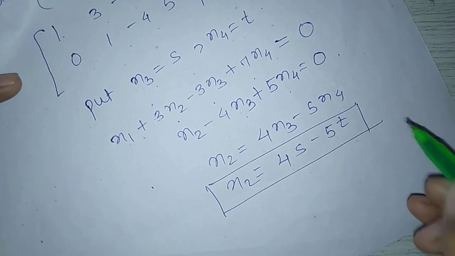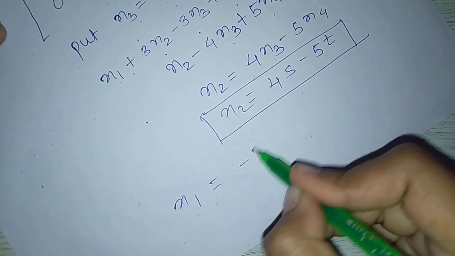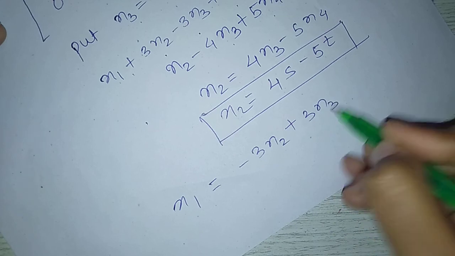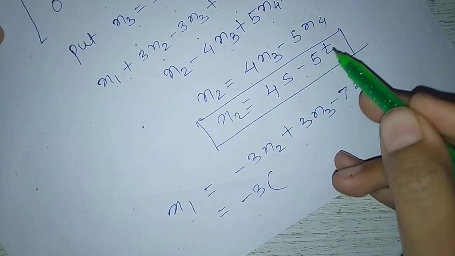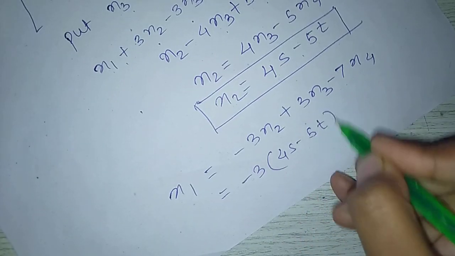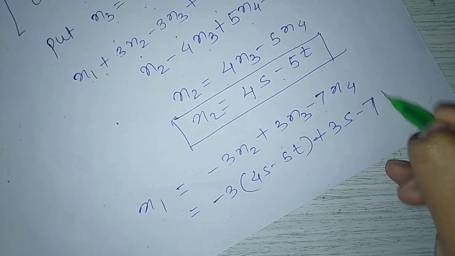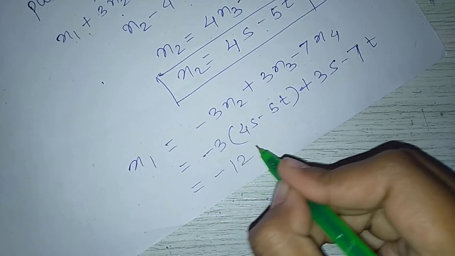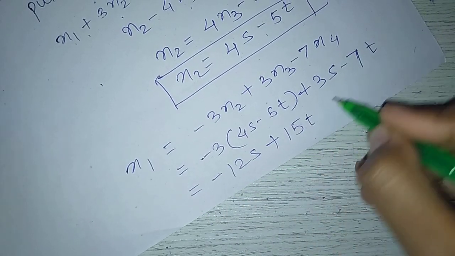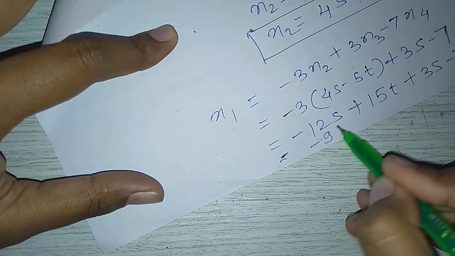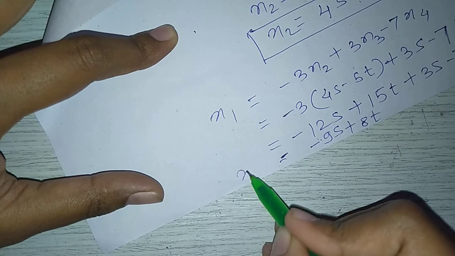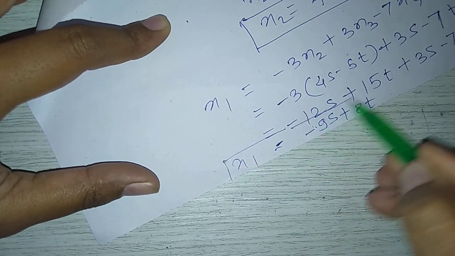Now to find the value of x1 equal to minus 3x2 plus 3x3 minus 7x4, equal to minus 3 times (4s minus 5t) plus 3s minus 7t, which is equal to minus 12s plus 15t plus 3s minus 7t, which is equal to minus 9s plus 8t. So x1 equal to minus 9s plus 8t.